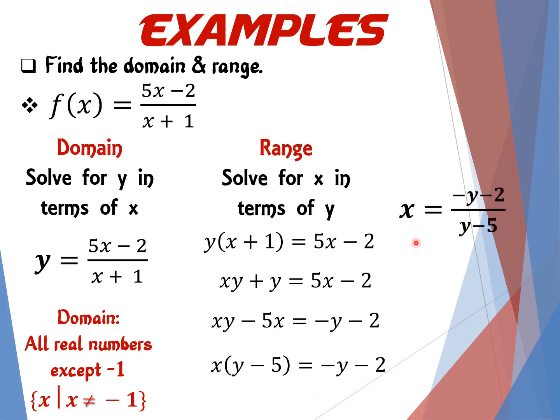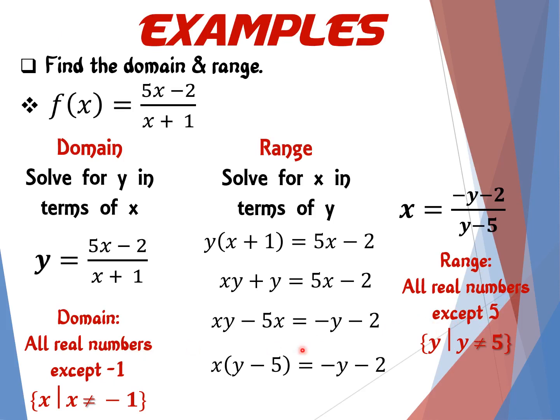So that will give us now x is equal to negative y minus 2 over y minus 5. Since this is already x in terms of y, again looking at the denominator, since this is a rational function still, equating this to 0, we will have y is equal to 5. And that 5 is again the restriction. So your range will be all real numbers except 5, because 5 will make the denominator undefined.